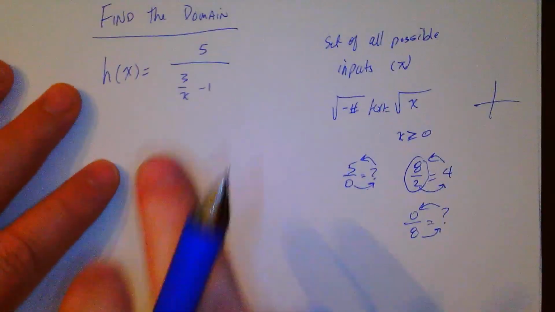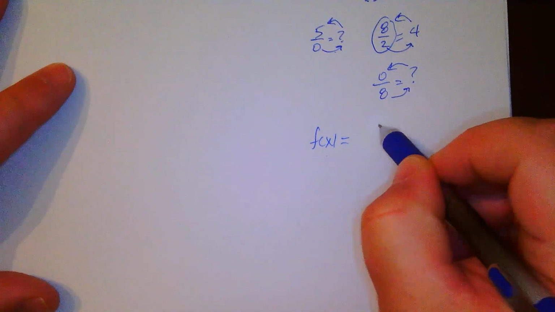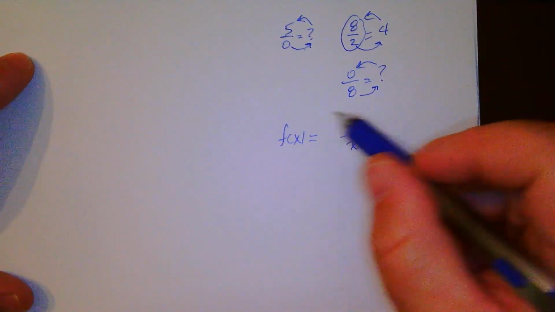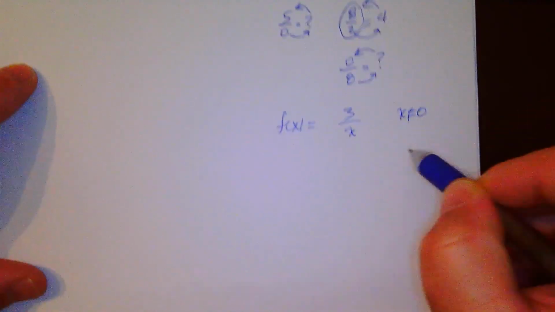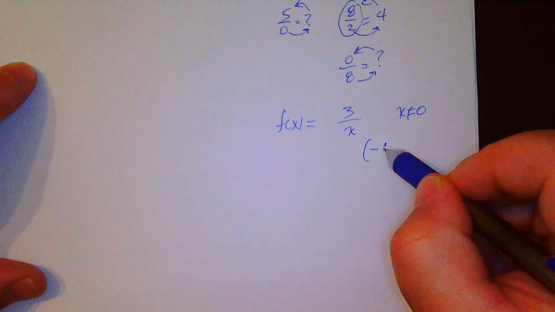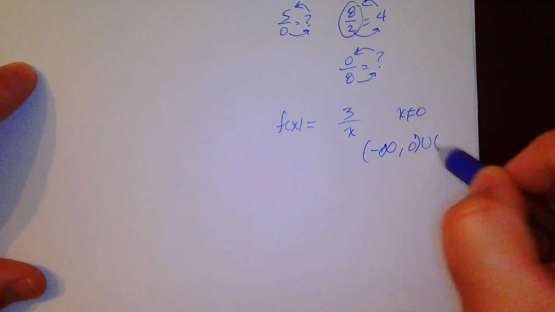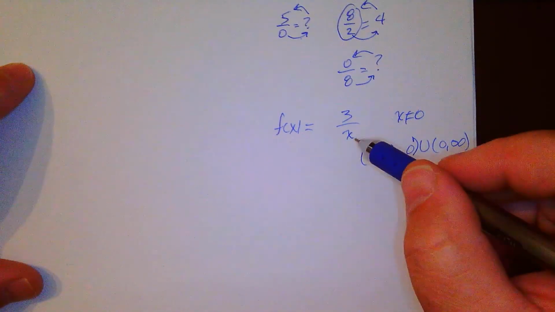So if you end up with a situation like this, well, the domain, this x can be any number except 0. X cannot be 0. So our domain would be from negative infinity to 0, and then from 0 to positive infinity. So everything except for 0, right?